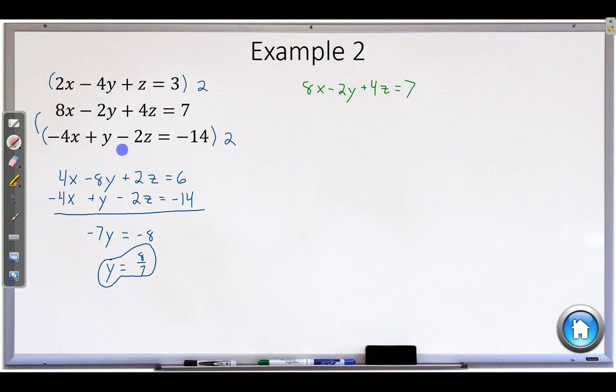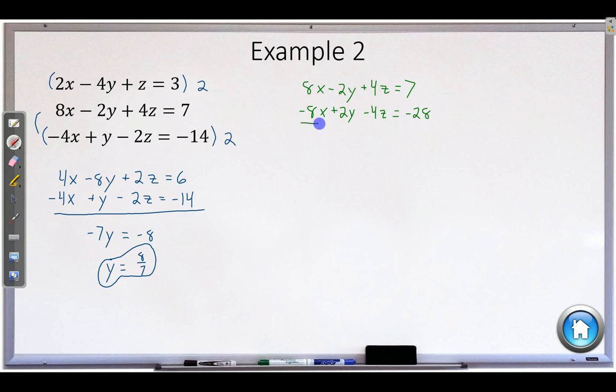And now I'm going to multiply the bottom out and see what we get. So 2 times -4 is -8x. 2 times y is 2y. And 2 times -2z is -4z, which equals 14 times 2 is -28.